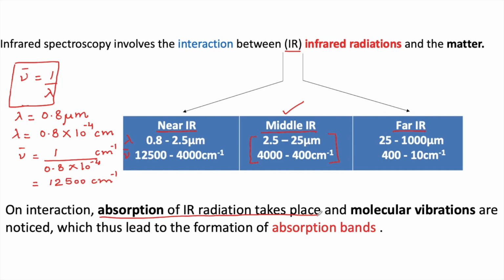A change will be noticed in the atom or the molecule, and the change noticed here will be in the form of molecular vibrations, which will then lead to the formation of absorption bands. The absorption bands, we can also say, look like upside down peaks. Step by step, I will introduce you more to the absorption bands.